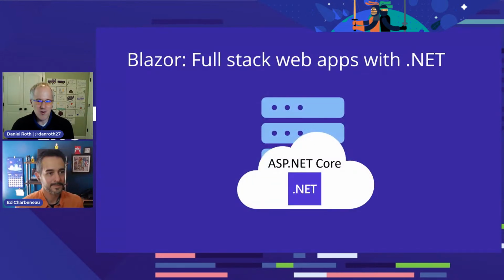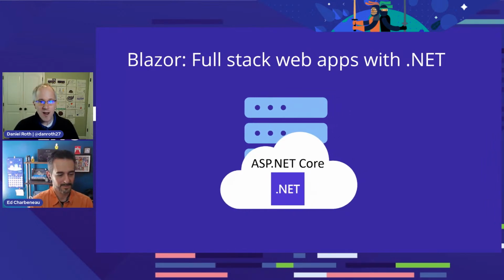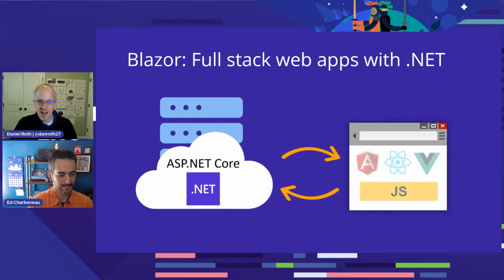Now, for those of you who still haven't heard, and you're here learning about Blazor for the first time, Blazor is a web UI framework for building client-side web UI using .NET and C# instead of JavaScript. Now, .NET has always had great support for building server-rendered web apps, but if you wanted to do anything that ran client-side in the browser on the user's device, well, that meant writing some JavaScript.